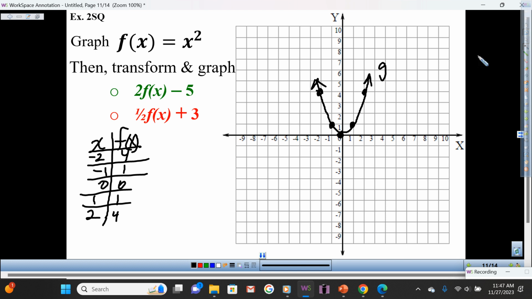Look up to the screen, please. This is my original f of x. All right. What do you guys notice different on this one now? That there's a 2 at the beginning. And it's multiplying because it's right next to that. So look what it's going to do to my new function.